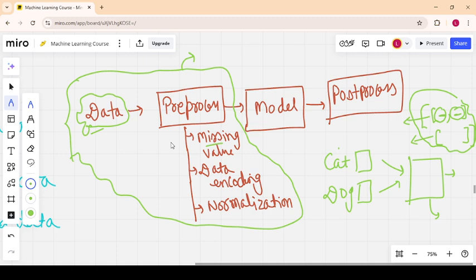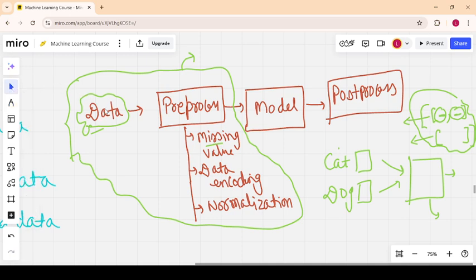If we are working with images, we need to smoothen the image, normalize the image, resize the image. A lot of things we can do. So in this lecture, I will discuss the different types of data that can be used in building a machine learning model. So let us start the lecture.